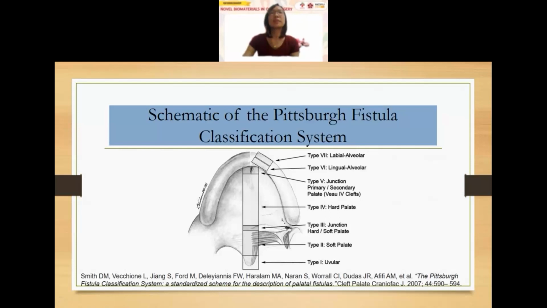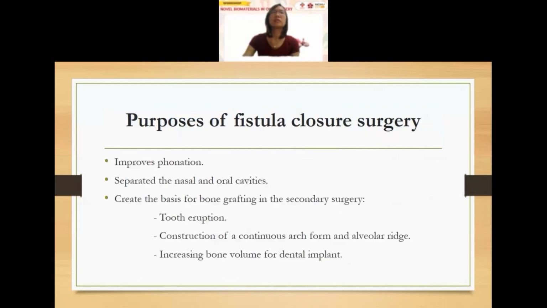There are 7 types of fistula based on position. The purpose of fistula closure surgery: the goal is to improve pronunciation, separate the nasal and oral cavities, and create the basis for bone grafting in the secondary surgery, for tooth eruption, construction of a continuous arch form and alveolar ridge, and increased bone volume for dental implants.